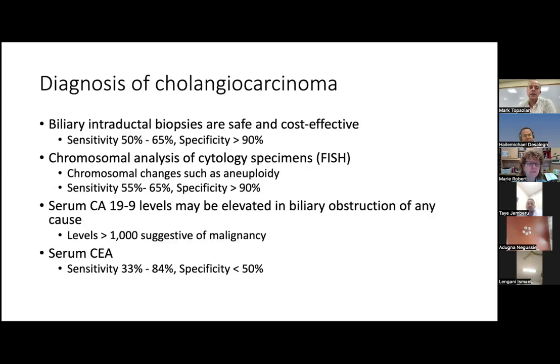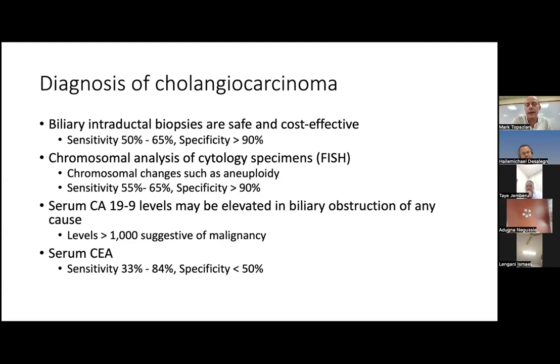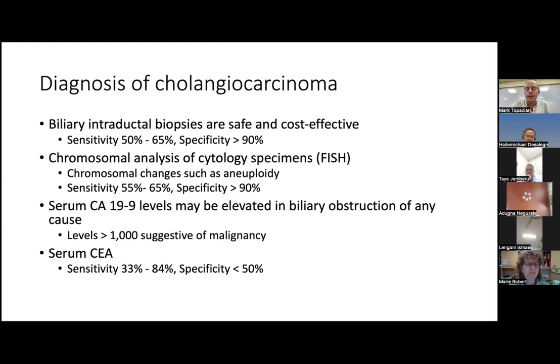Diagnosis of cholangiocarcinoma can be challenging, because percutaneous ultrasound-guided biopsy of a thickened bile duct wall is really problematic. So in our setting, we're using biliary intraductal biopsies quite a bit, as in this case, and they are safe and cost-effective. The sensitivity in the literature is 50 to 65% for adenocarcinoma with a specificity of well over 90%.